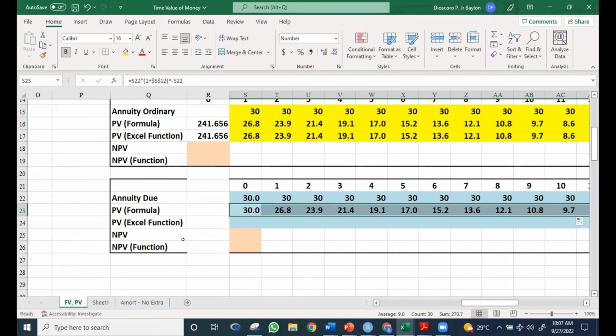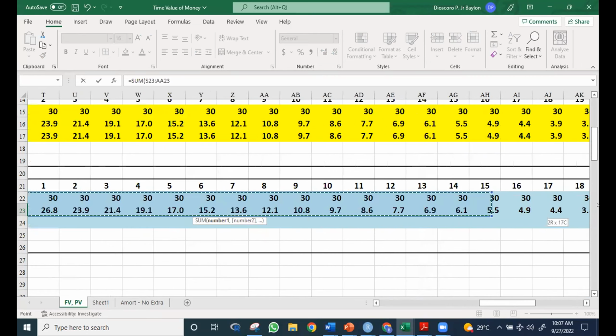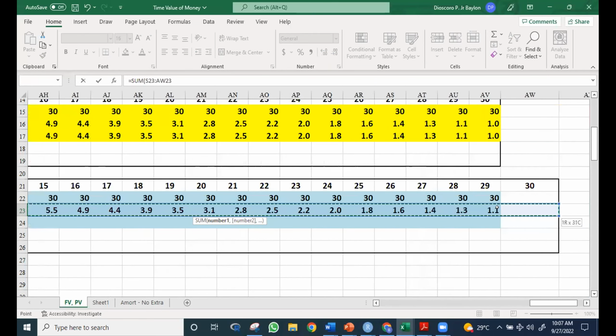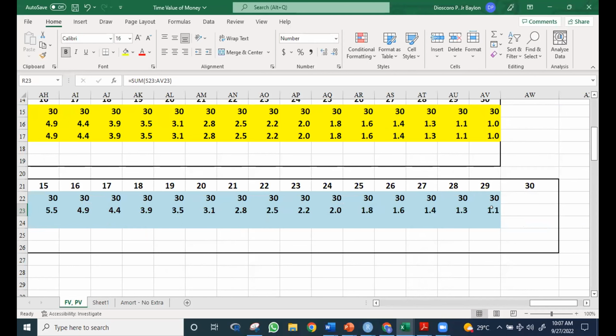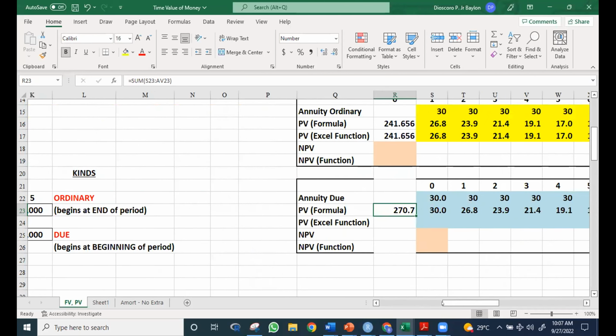All right, so these are now the present values. And then if we sum this up, the present value is 270.7.